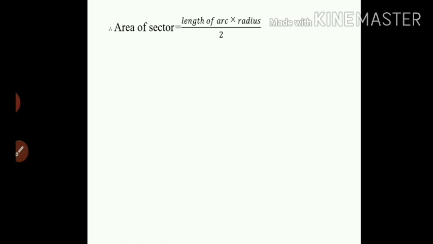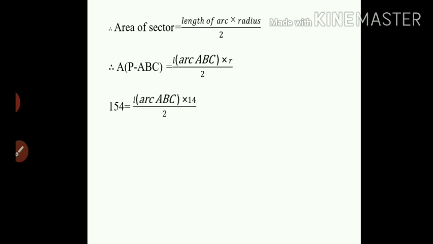Now next, area of sector. The area of sector PABC will be length of arc ABC multiplied by radius upon 2. So the area of PABC was given as 154 equals length of arc, which we'll find out, multiplied by the radius, which was given as 14, upon 2. Again we will do cross multiplication. 154 we will multiply by 2, and the number in the numerator I will divide by 14.